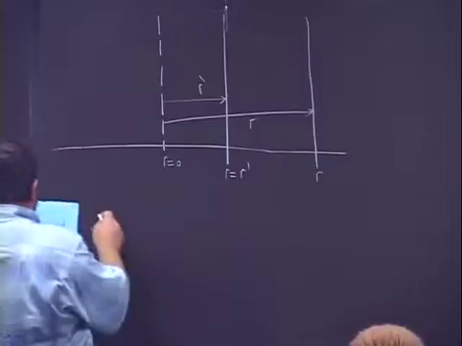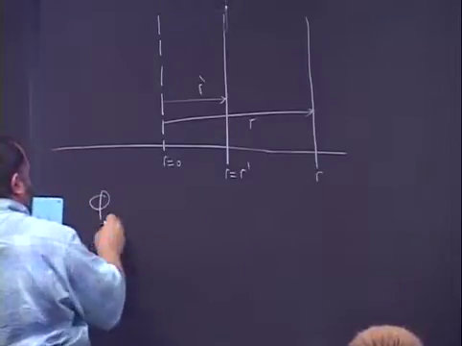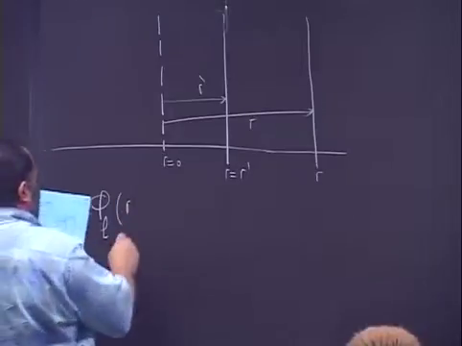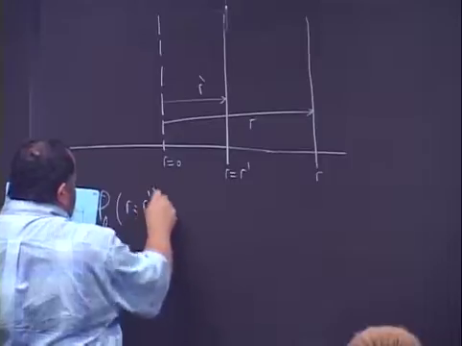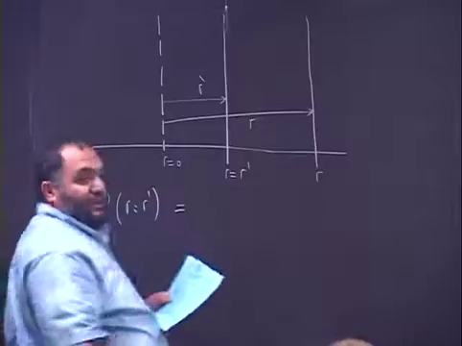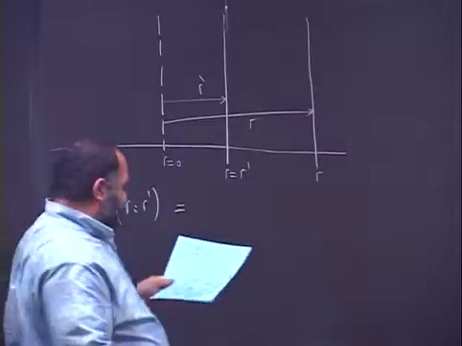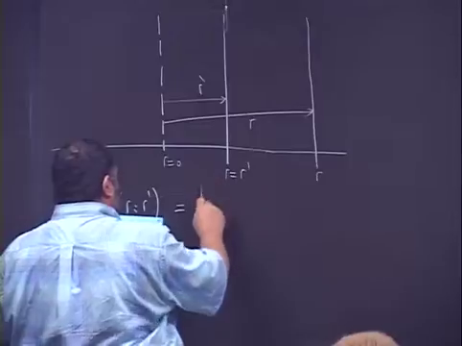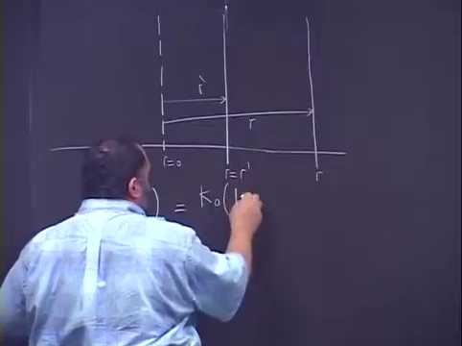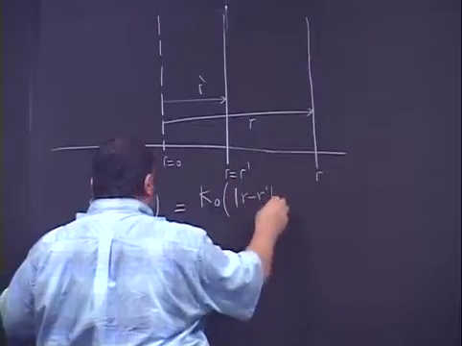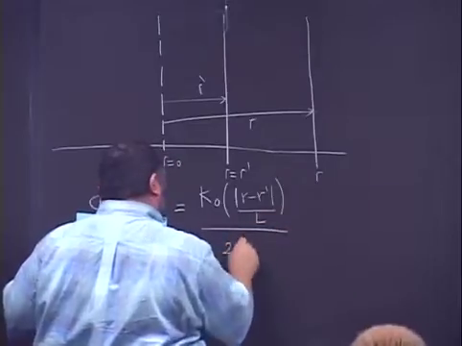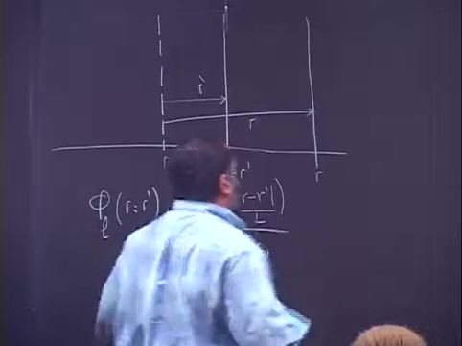So again, for the flux because of a line source located at r prime, with the flux at r, what do you think it is equal to? The flux in a cylindrical geometry, when we derived it last time, was K naught, the Bessel function, and now the absolute value of r minus r prime divided by L, all divided by 2 pi D.